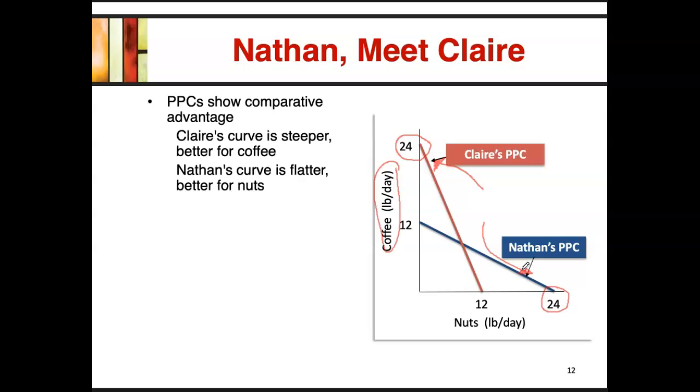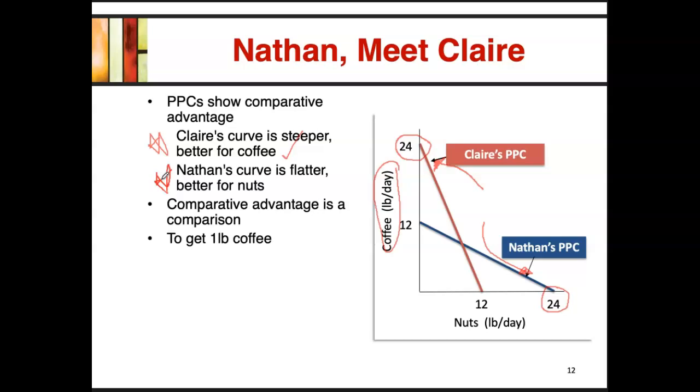So Claire's curve is steeper and is better for coffee. So Claire should specialize in production of coffee. And Nathan's curve is flatter and slopes towards nuts, so Nathan should specialize in the production of nuts. Again, comparative advantage is always a comparison.